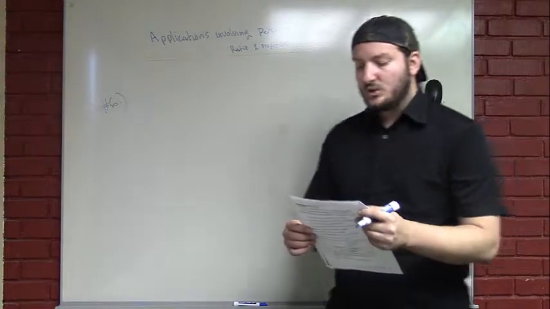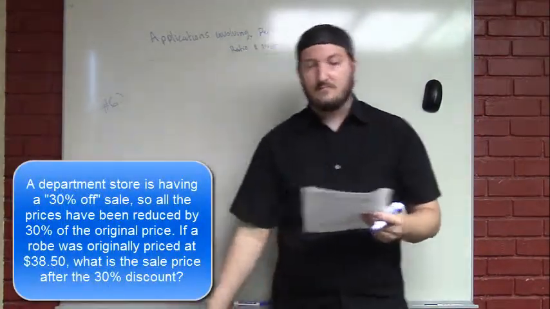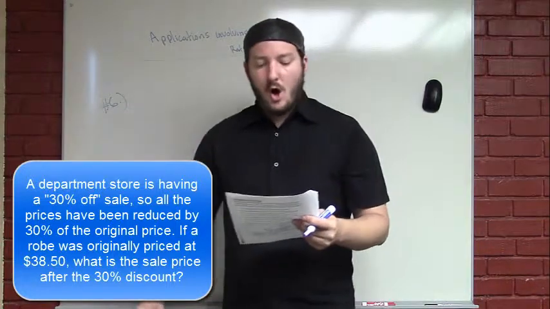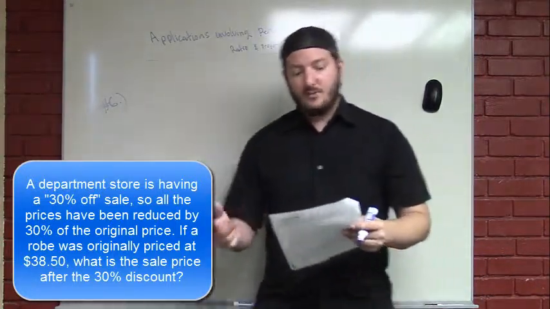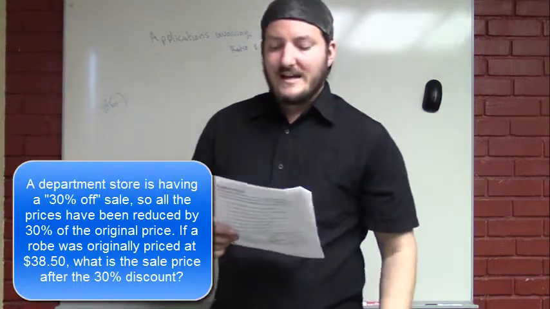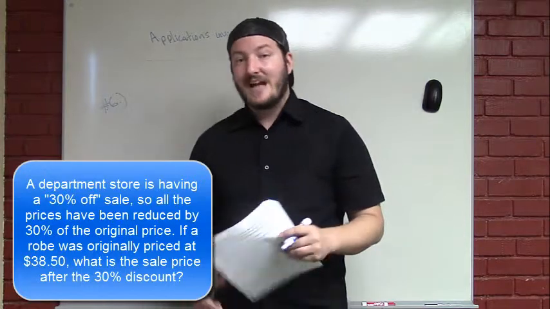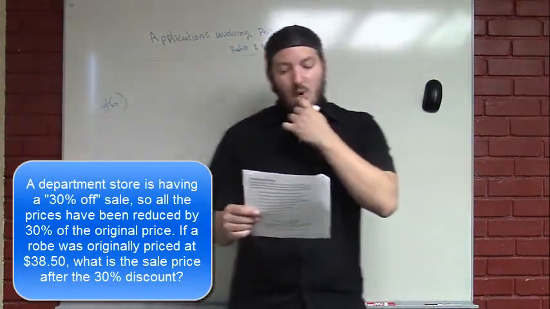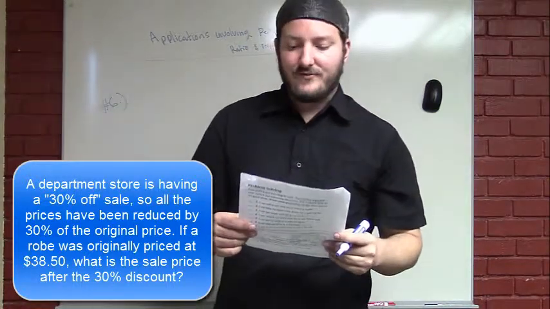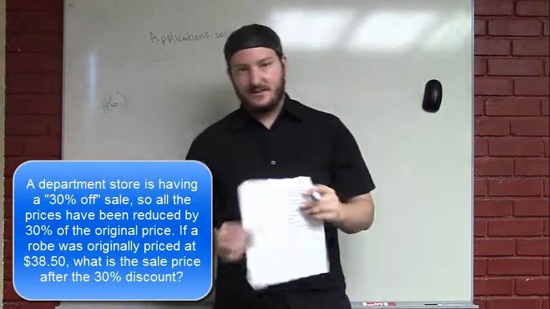A department store is having a 30% off sale. Pretty cool. So all prices have been reduced by 30% of the original price. If a robe was originally priced at $38.50, what is the sale price after the 30% discount?